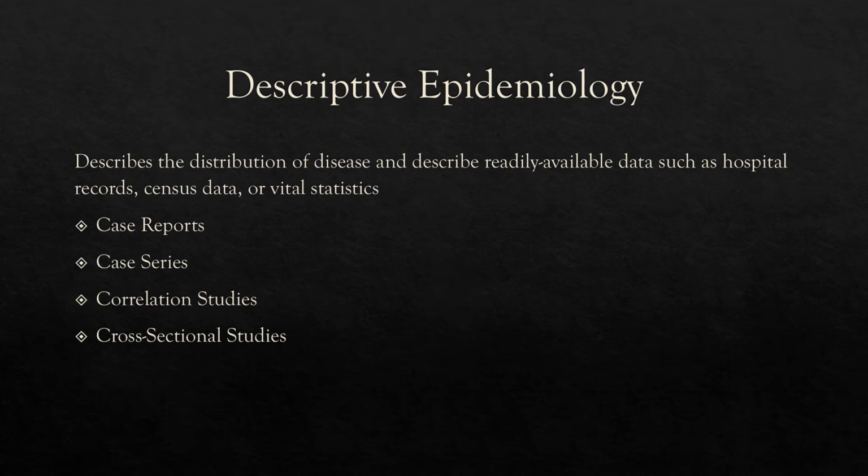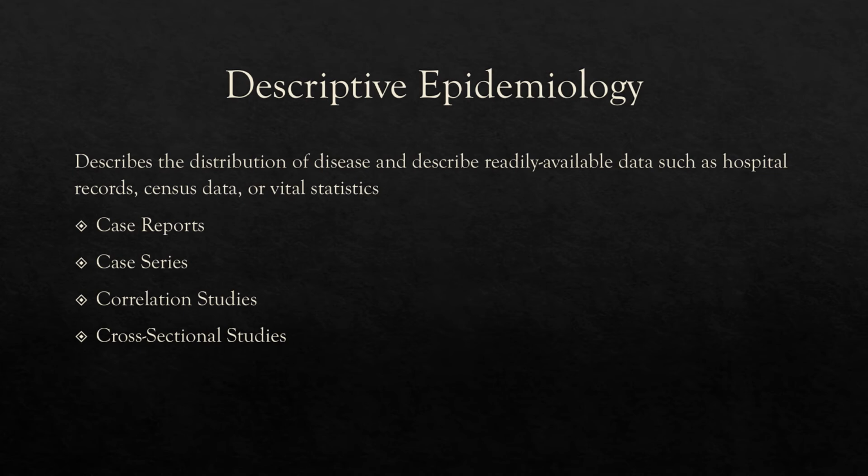So these may be census data or hospital discharge data or vital statistics data. And all we are doing is describing. There's no intervention in these kinds of studies and reports and analyses. It's just looking at data that's static, data that's already been collected, and there's no manipulation of the data.